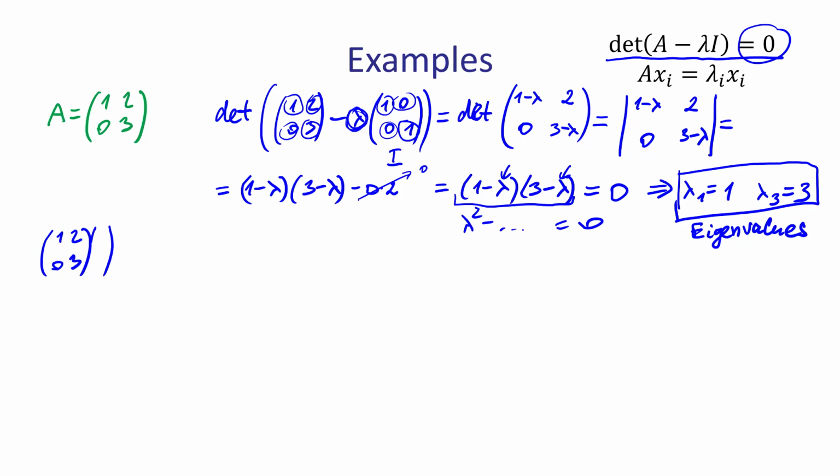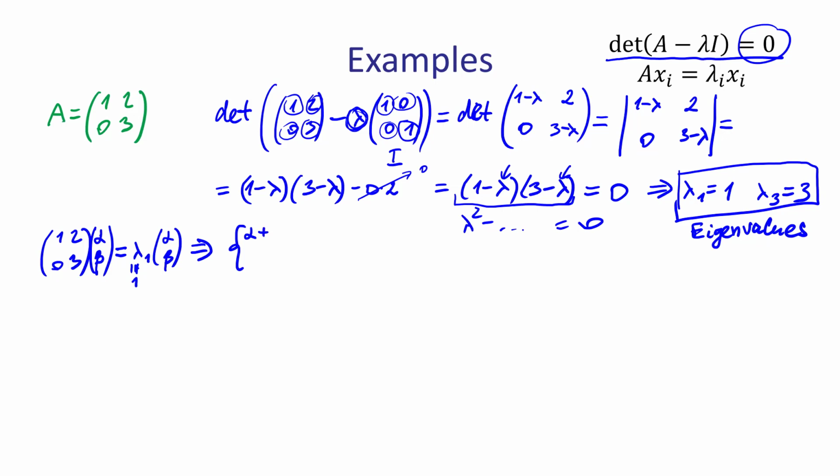So some unknowns. And this equals lambda 1, which is 1, multiplied by the same alpha beta. So from here you have a system of equations.